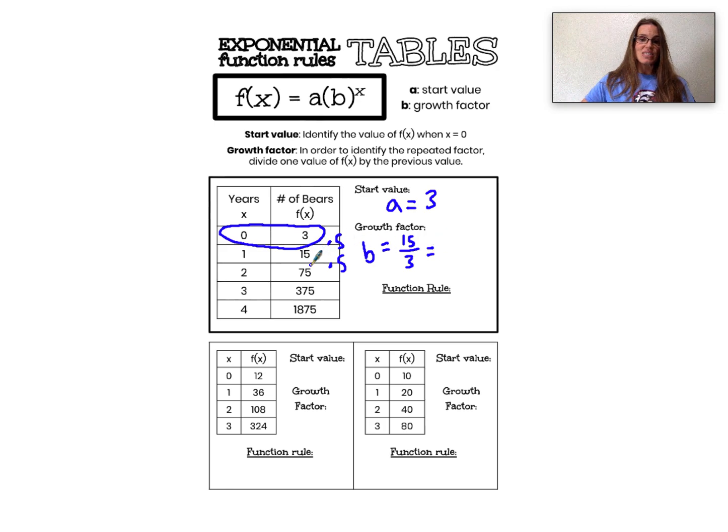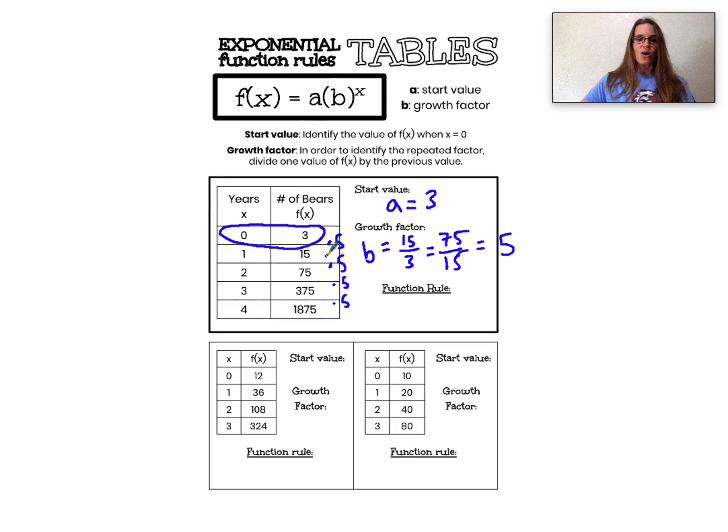That's going to be the same as 75 divided by 15, as well as 375 divided by 75, as well as 1,875 divided by 375. Each of those division problems will give us an answer of 5. My growth factor is 5.